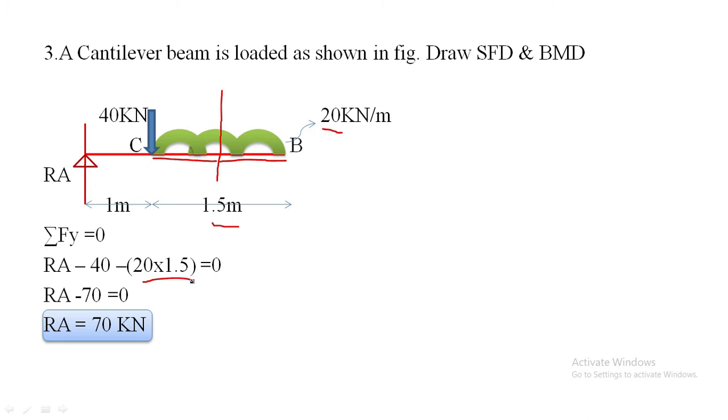So RA is going in upward direction, so plus RA. 40 is going in downward direction, so minus 40. The UDL as a point load is minus 20 into 1.5. So after calculating, RA is 70 kilonewton.